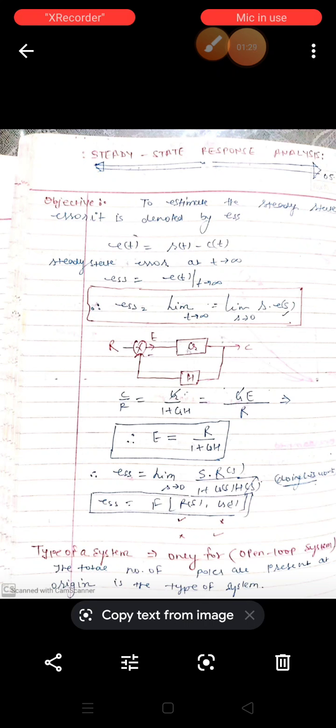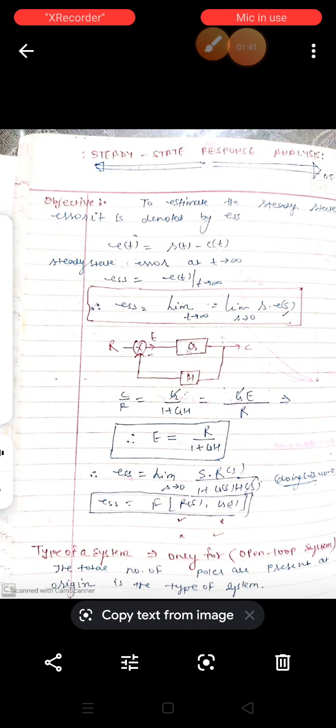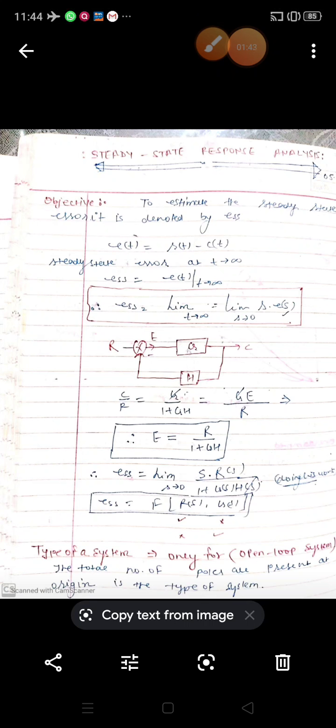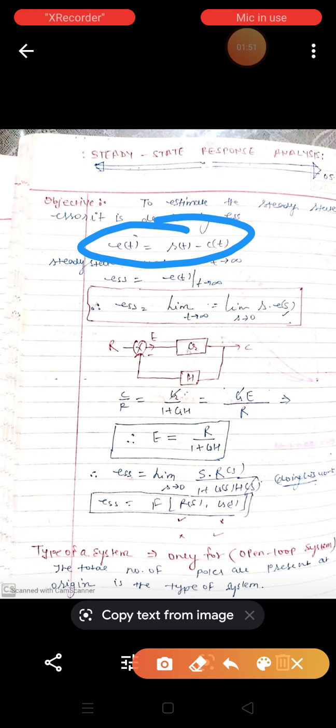In the time domain analysis, it is denoted by e(t), that is the difference r(t) minus c(t). c(t) is the response of the system and r(t) is taken as the standard input of the system. So the difference between the actual and the desired is known as the steady state error.